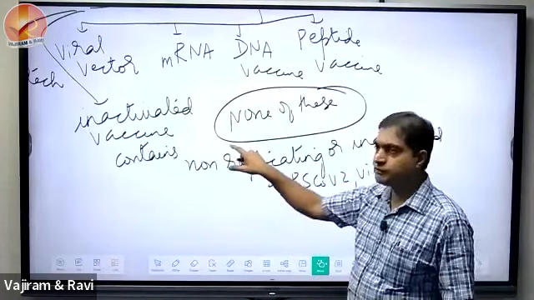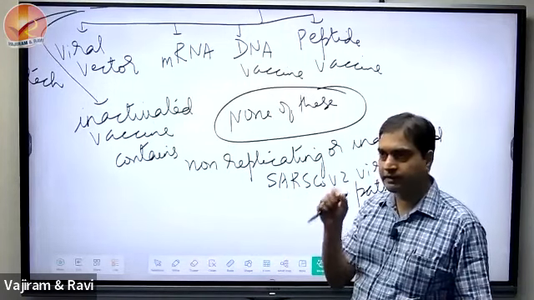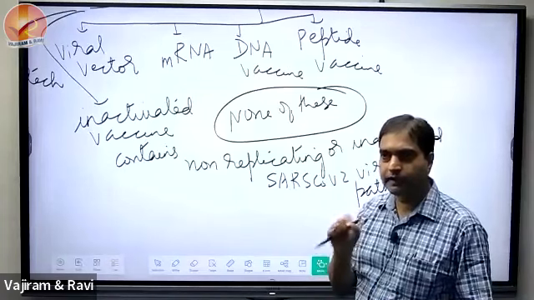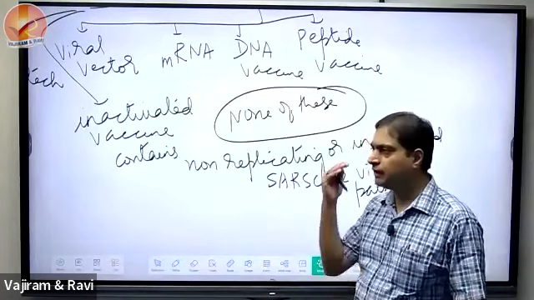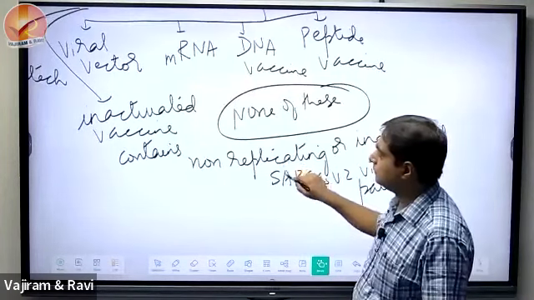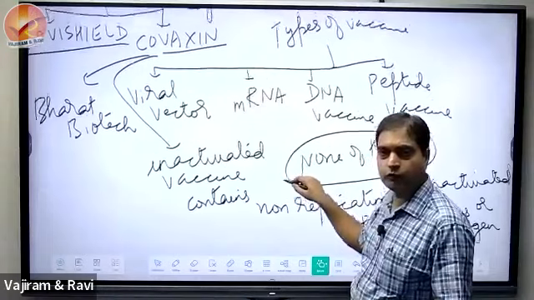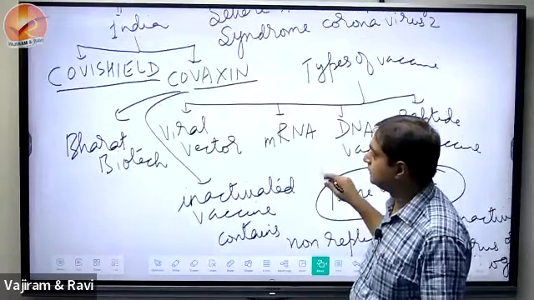So inactivated means what? Non-replicating, non-multiplying. The vaccine virus, when injected into the human body, will not multiply in the human body. So that safety has been ensured in development of the vaccine. So this is an example of a topic and how questions can be asked related to this public health. Is it clear now?